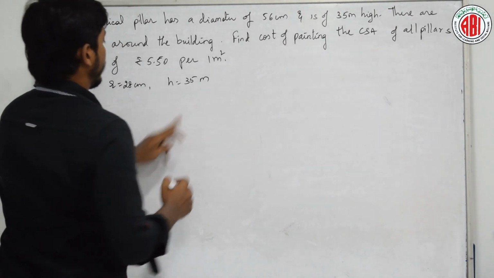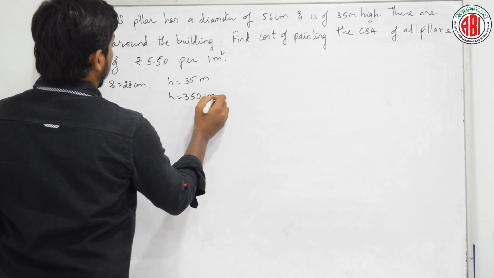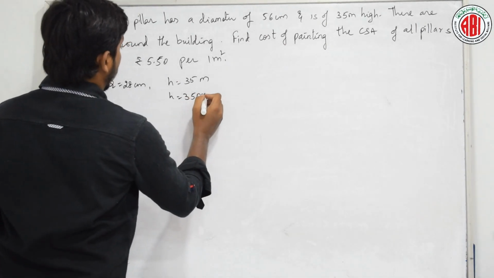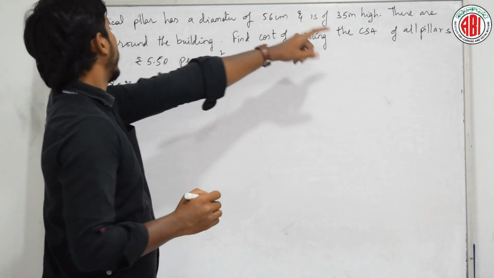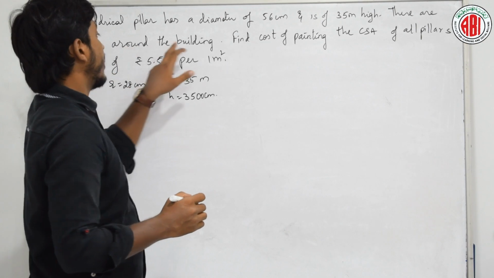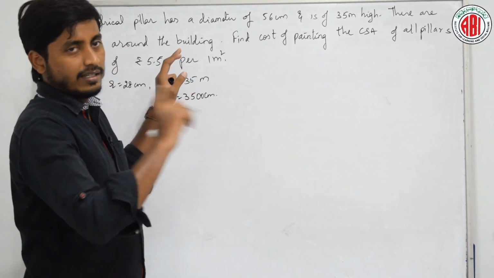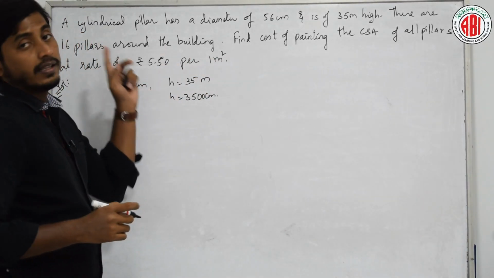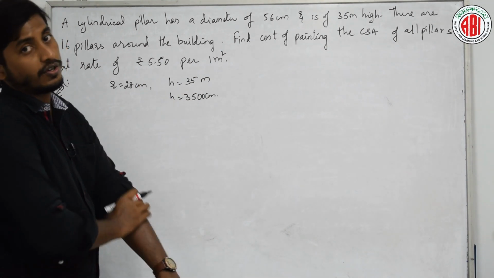Let us convert this into centimeter so that we can write easily. 1 meter is equal to 100 centimeter. Next, there are 16 pillars around the building. Now we have to find the CSA of 16 pillars, then we have to find the cost of painting.